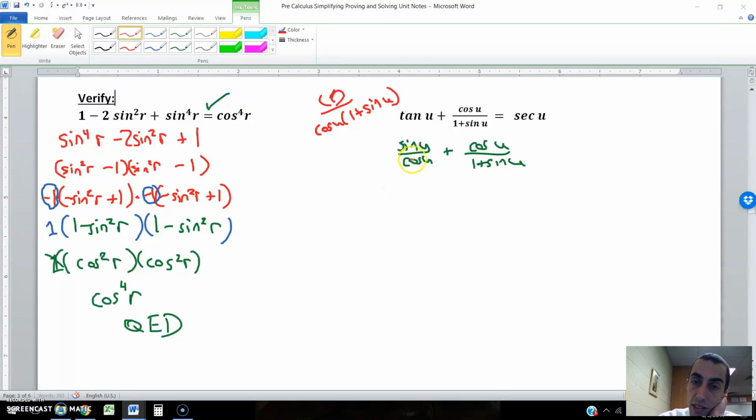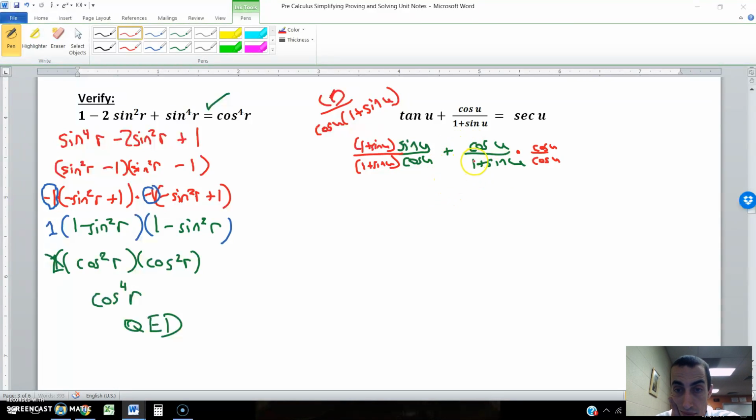To make this fraction have the bottom look like that, I need to multiply it by 1 plus the sine of u on the top and bottom. To make this fraction have that denominator, you need to multiply by cosine of u, or cosine of u.